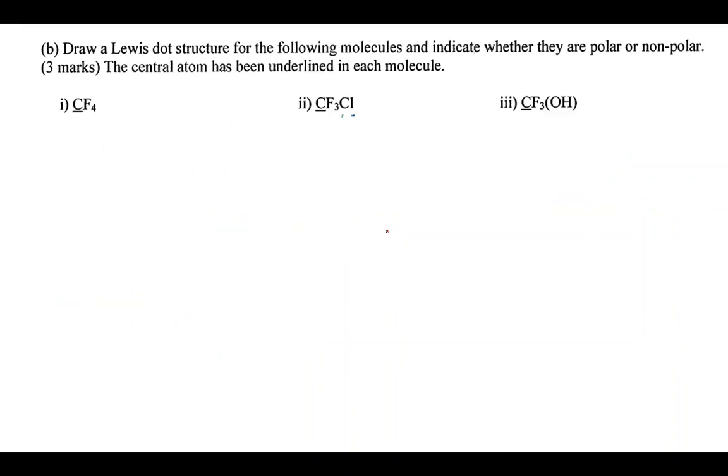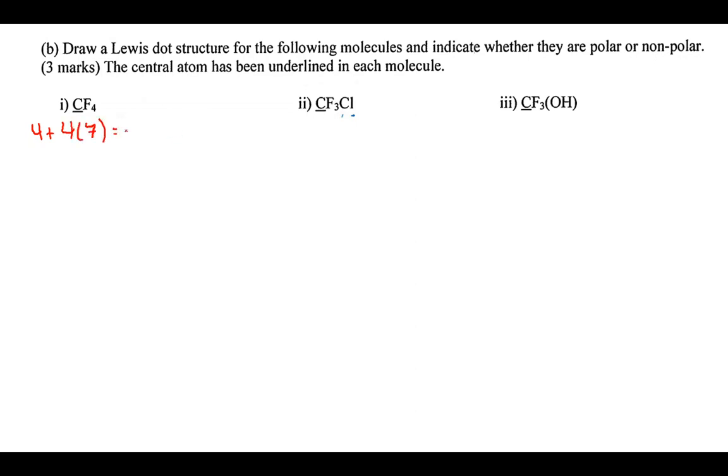So B is draw a Lewis dot structure for the following molecules and indicate whether they are polar or nonpolar. The central atom has been underlined in each molecule. Okay, so remember when drawing Lewis structures, first step is you want to determine how many valence electrons you're working with. So this first guy here, we're going to get 4 from the carbon, plus 4 fluorines, each having 7.